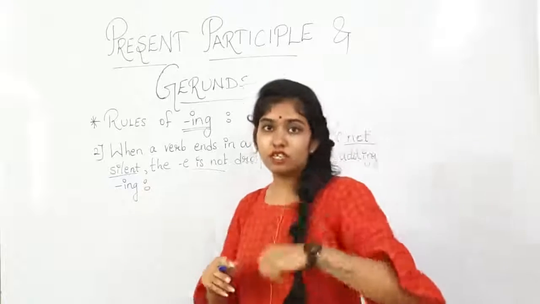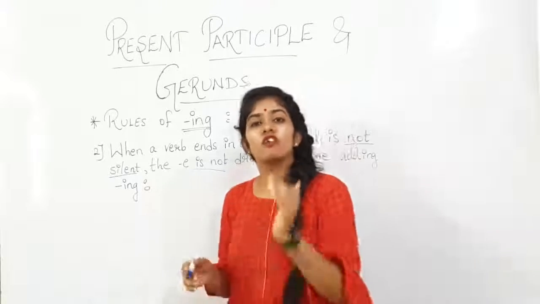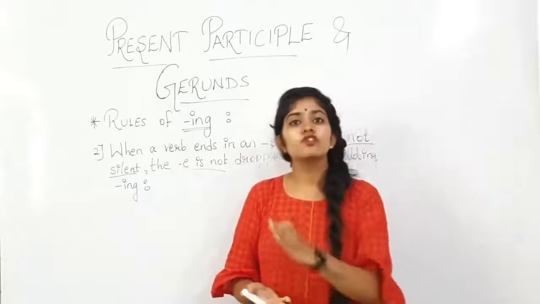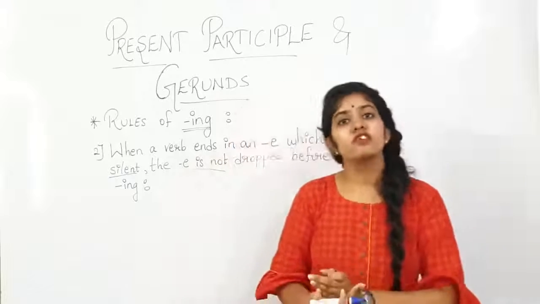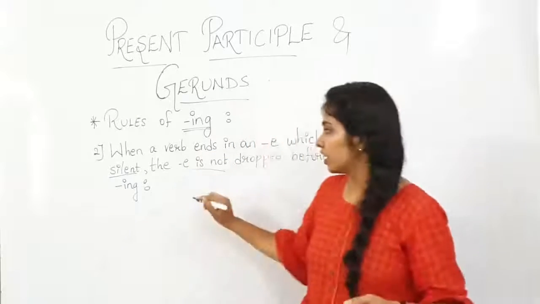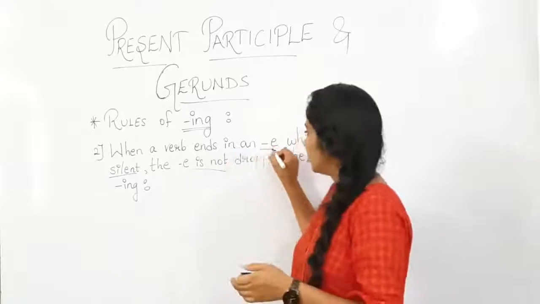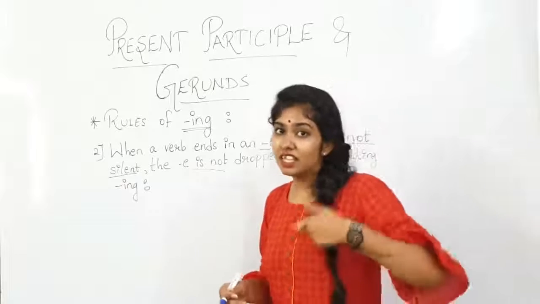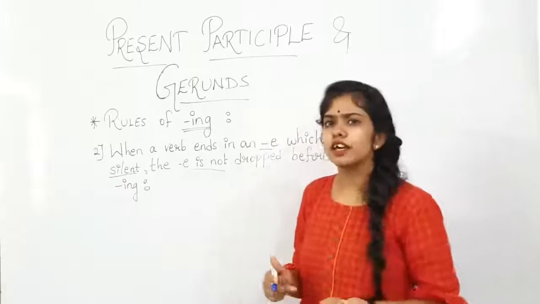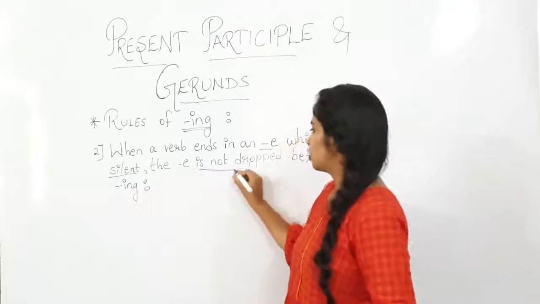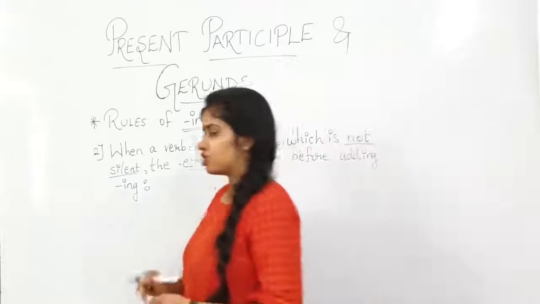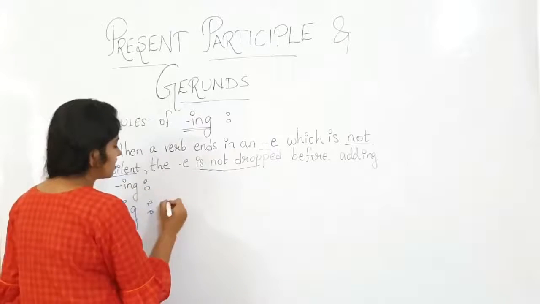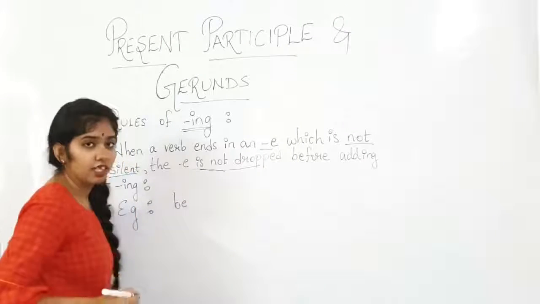In the previous rule we understood that when the word is ending with E but the sound of the E is silent, we drop the E. But over here, when the word is ending with E and we pronounce the sound of the E, then the E is not dropped before adding ing. So let's have a look at some examples, such as be.